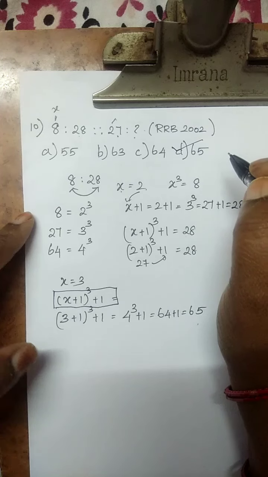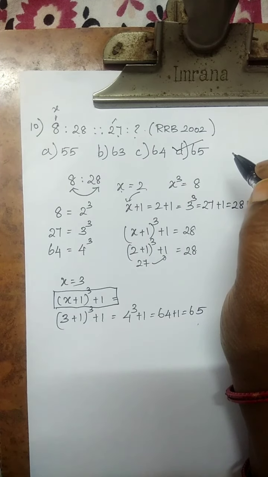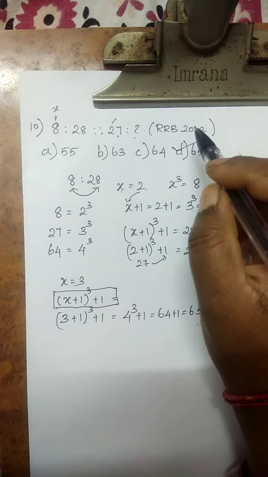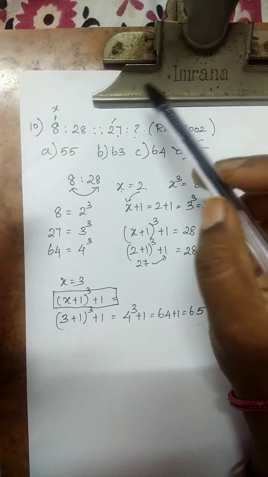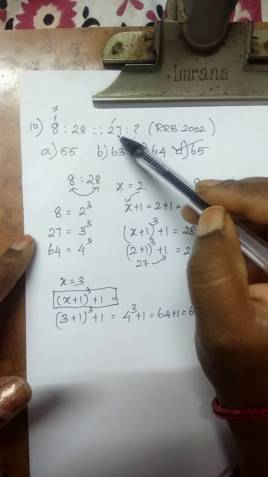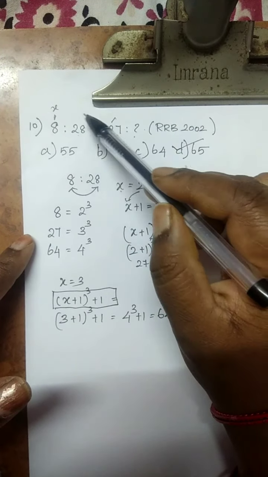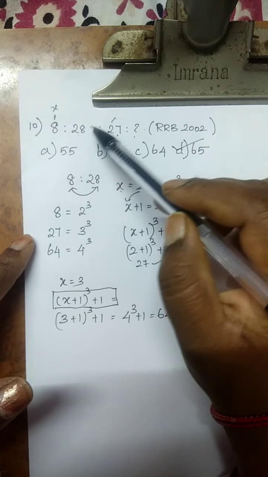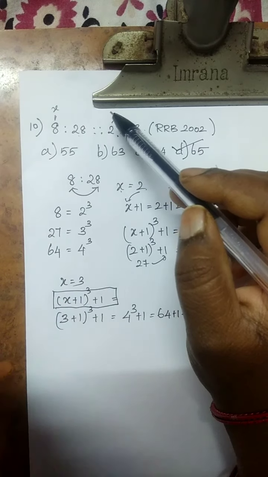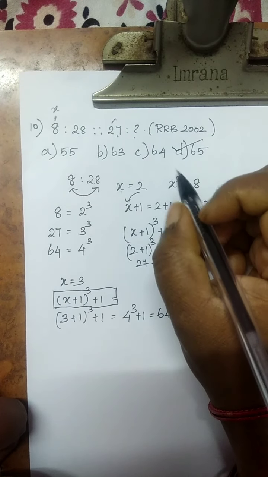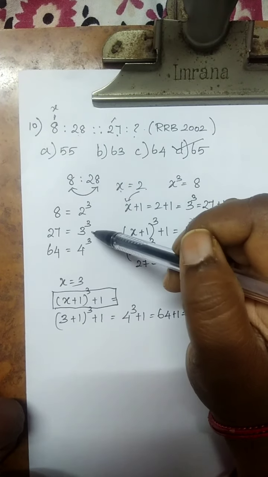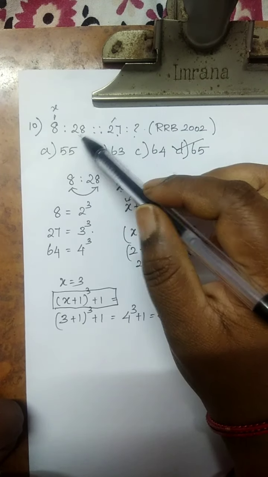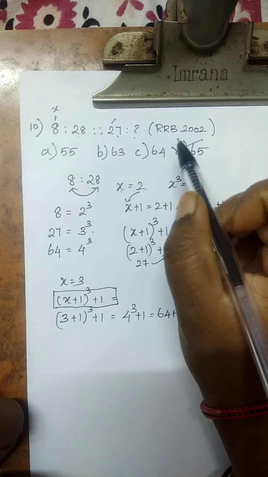This sum is a little bit difficult. Even though you find it's 2 cube and 3 cube, how we get the 28 is a little bit difficult to find the formula. But if you find the x cube is 27, plus 1 gives 28, it's a simple one.